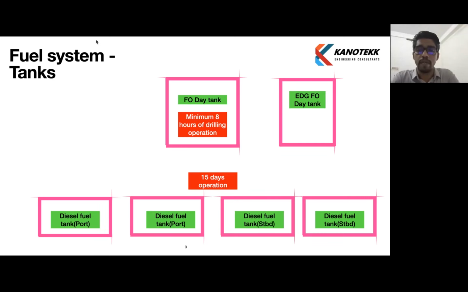Similarly, there will be an emergency generator fuel oil dead tank, separately designated for the emergency generator. It will have fuel storage for a minimum of 18 hours of operation. The emergency generator supplies emergency power to critical equipment, and based on this consumption, the emergency generator fuel dead tank is designed for 18 hours of operation.